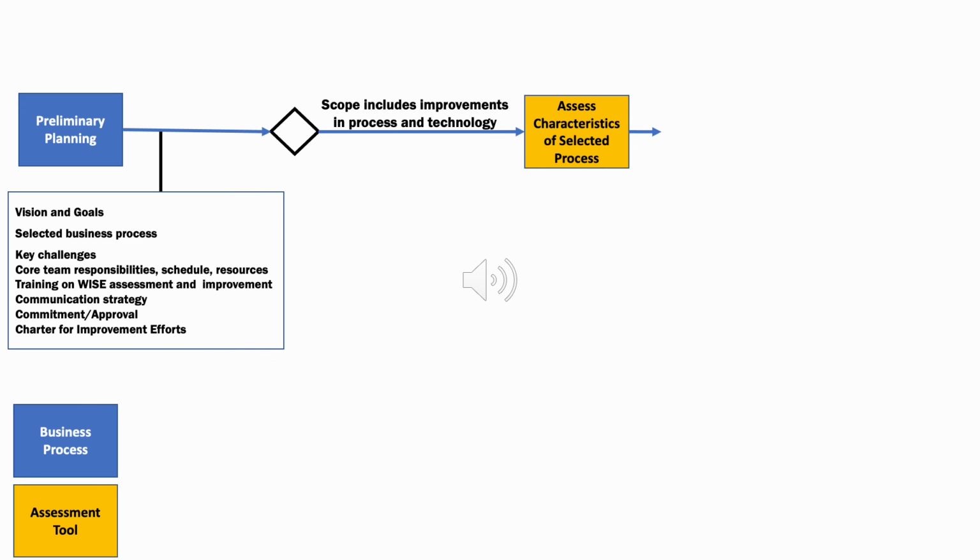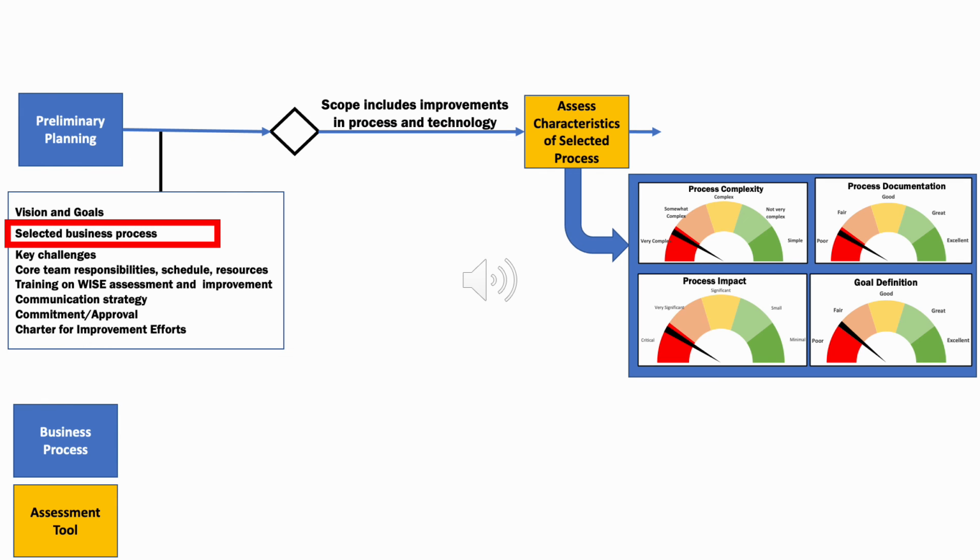It is important to note that there is flexibility in the application of the tools. For example, assessment of the selected business process may determine that the process is very complex, that process documentation is poor, the impact of the process on the overall performance of utility is critical, and the business goals have not been well defined.